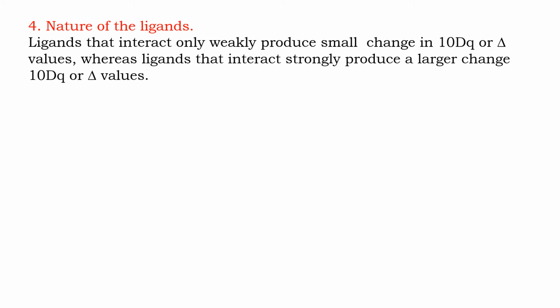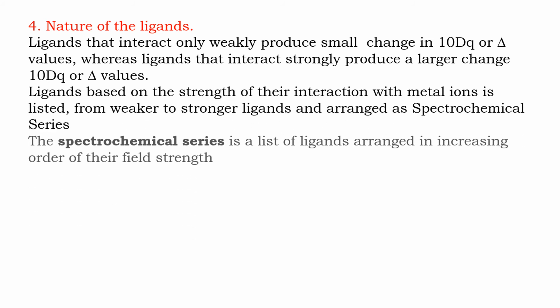Depending upon the strength of the field, ligands are arranged in a series, and that series is called the spectrochemical series. The spectrochemical series will give you the idea which ligand is strong, that means maximum splitting of d orbitals, or which ligand is weak, that is minimum splitting.